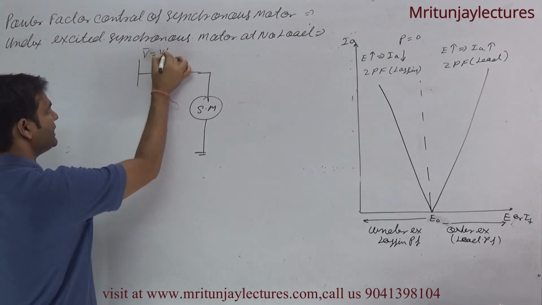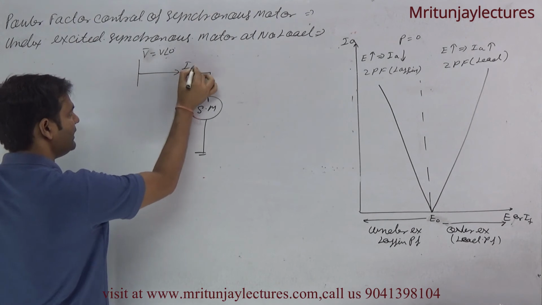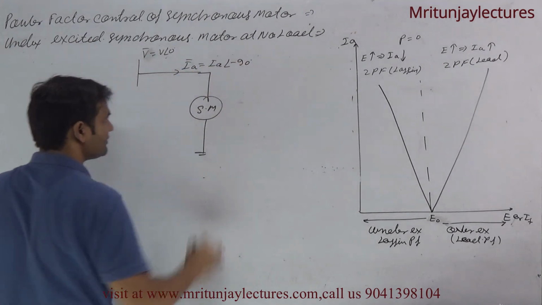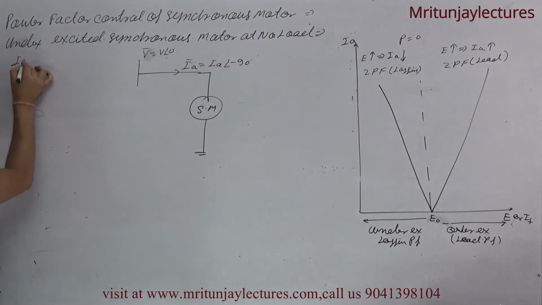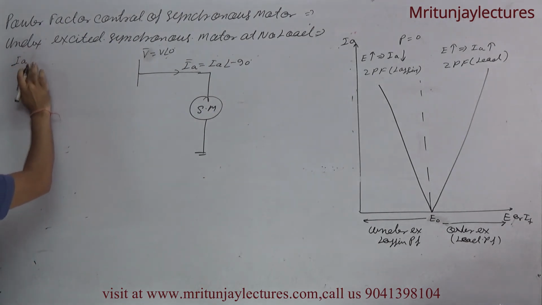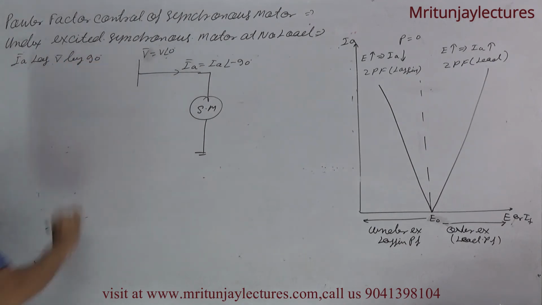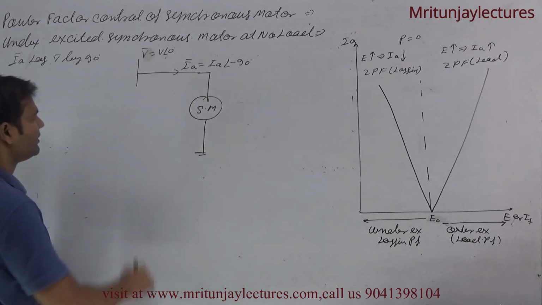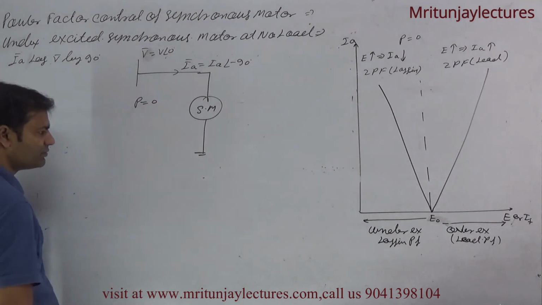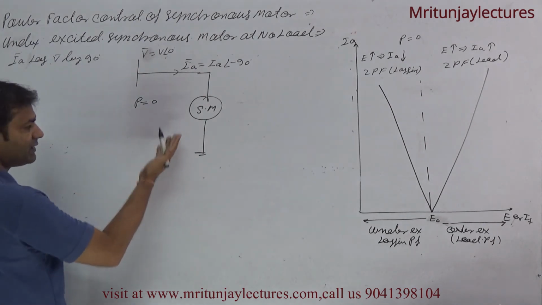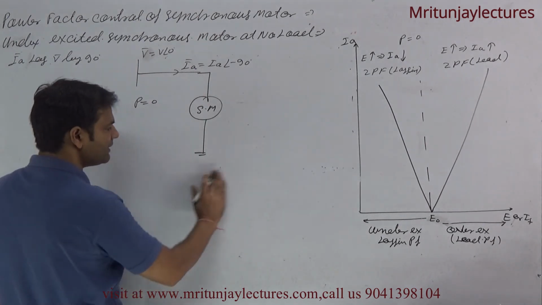V is equal to V at the angle 0 and IA is written as IA at the angle minus 90. IA lags V by how much angle? 90 degrees. And what about P? P is equal to 0. Okay, this one is also represented as an inductor.